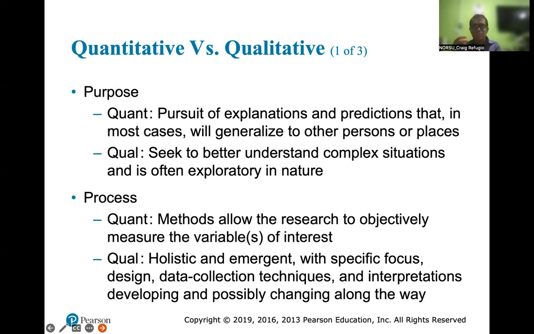You are going to explain and predict the phenomenon that you have studied. Another keyword is generalize. If you collect the data from the sample, you're going to generalize what you have found in the sample to the population where the sample is taken.